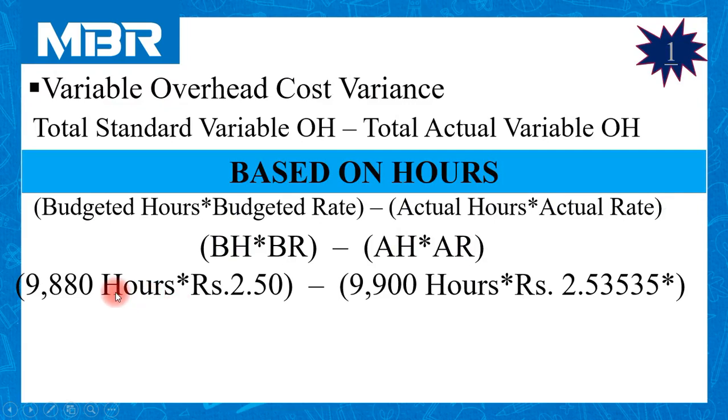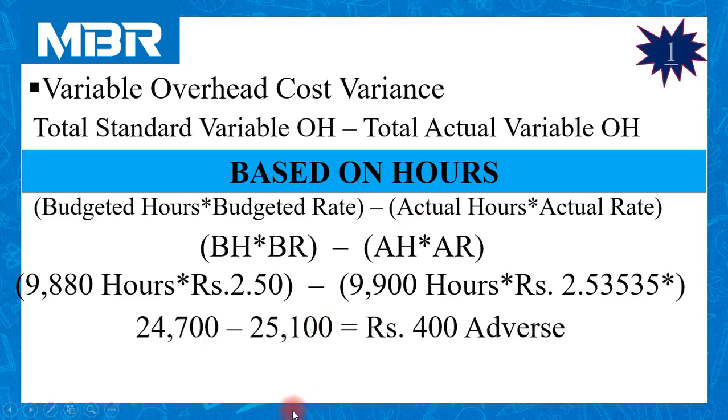Insert the data. 9,880 hours multiplied by rupees 2.5 minus actual hours 9,900 multiplied by rupees 2.5353 as discussed. So 24,700 is our standard variable overheads, while actual variable overheads are rupees 25,100.